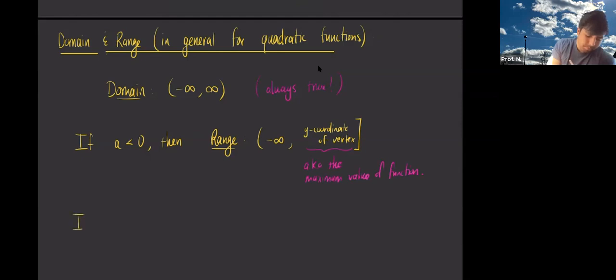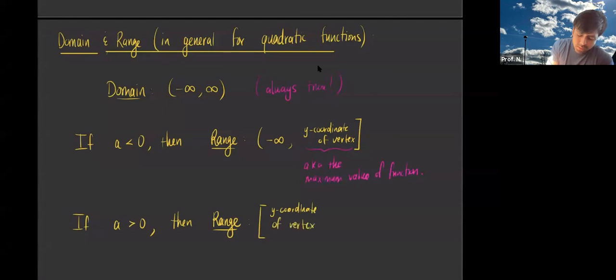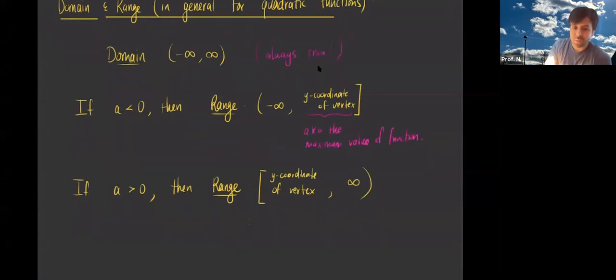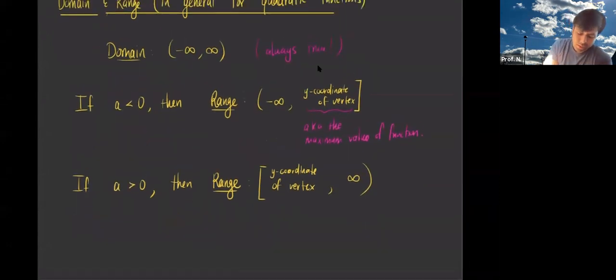However, if my a value is positive, then I would have the opposite. I would have a minimum, and then my range will look a little bit different. I'll have instead the y coordinate of the vertex on the other side of my interval. But instead of going to negative infinity, because it's a minimum, I'm going to have an unbounded function going upward. So I will not have a maximum, and I'll have a minimum instead.